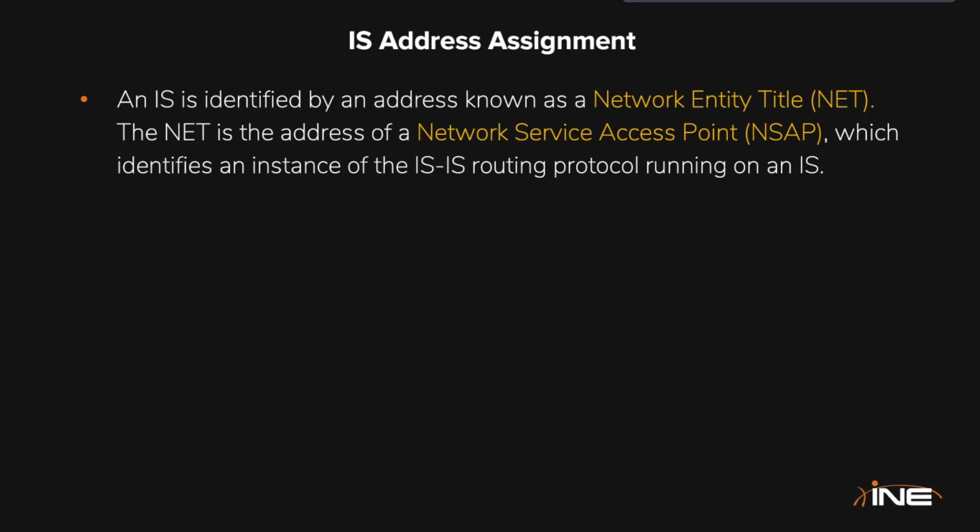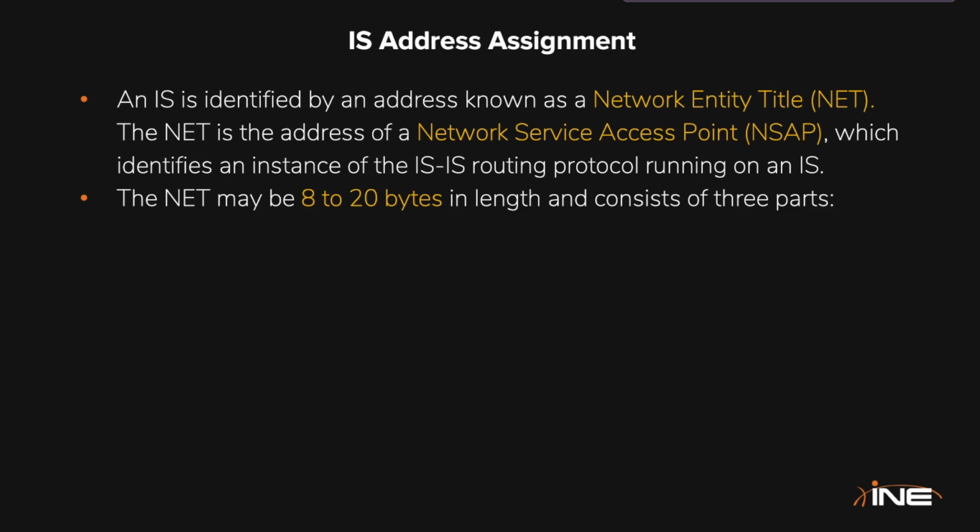Now, you can have more than one NET on a single routing protocol instance. Basically, the only reason you would have more than one NET statement would be, let's say, if you were doing a migration between two providers. The NET may be 8 to 20 bytes in length, so a minimum of 8 bytes and a maximum of 20 bytes.